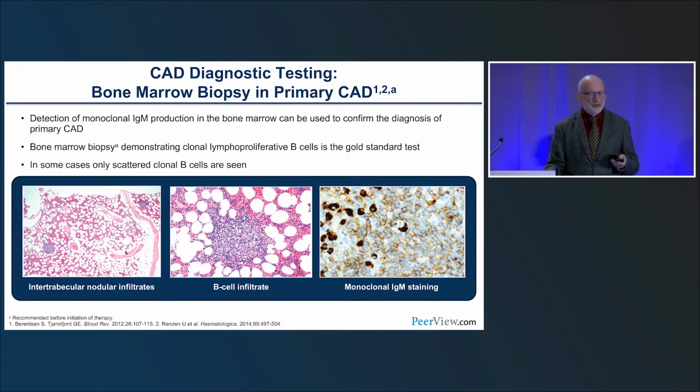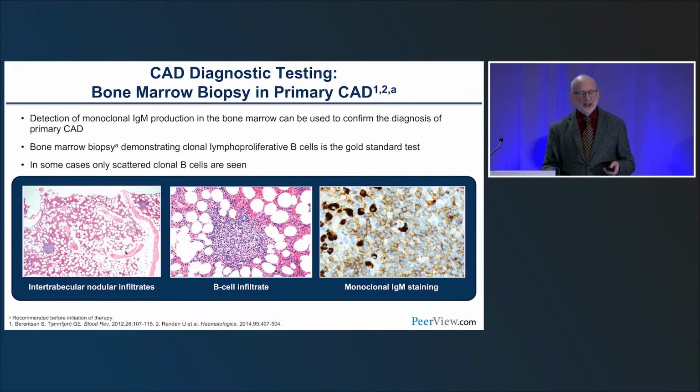So just to finalize this part of the talk, before treatment of the patient, I do it also in primary diagnosis, but at least before treatment, we should try to find the monoclonal lymphoproliferative disorder.